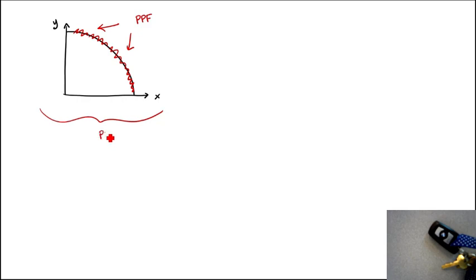So we've got our 2 dimensions, with X and Y. And so far we know that all of this stuff on the border is our PPF, right? But the whole thing is the PPS.